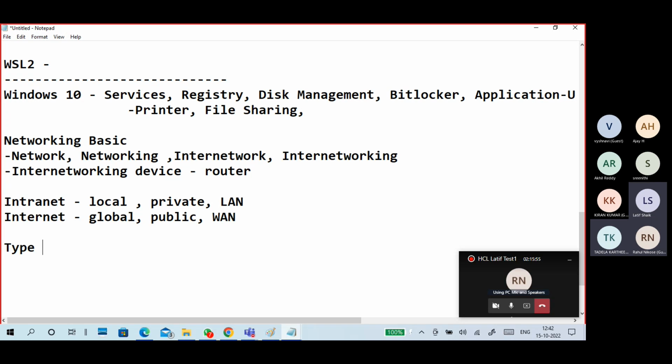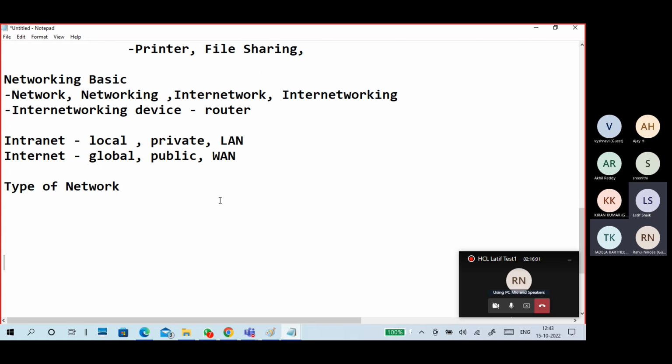Types of network. What is the type? LAN, CAN, MAN. Local area network, campus area network, metropolitan area network, wide area network.